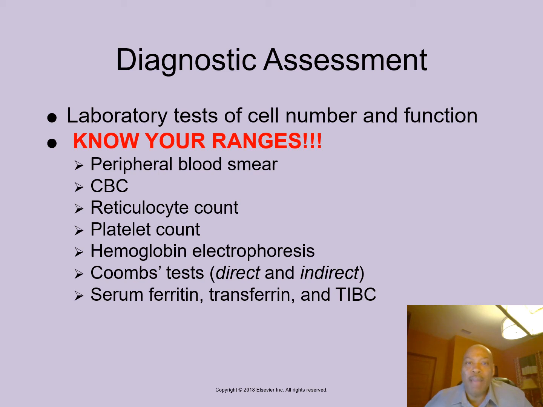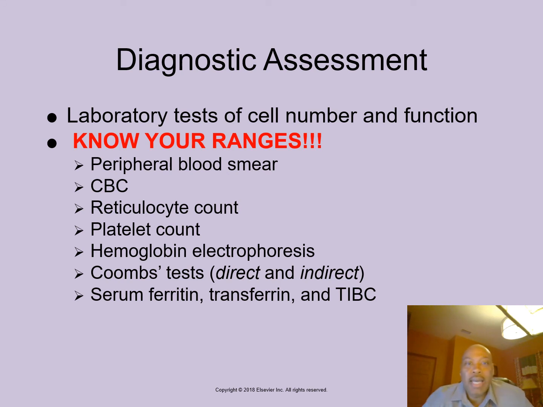This is a pretty rapid test, so you will see them doing these pretty often. Your CBC looks at red blood cells, all types of white blood cells, as well as your hemoglobin and your platelets as well. So a slew of different blood components.